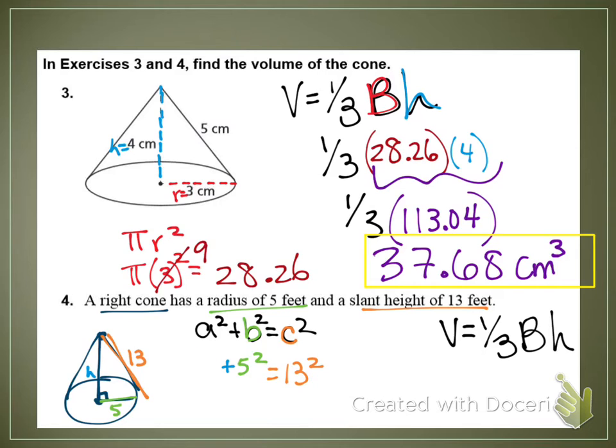I put h. You could put a. It doesn't matter. What's 5 squared? 25. 13 squared is 169. Subtract 25. Correct. H squared would equal 144. And then take the square root, and h equals 12.